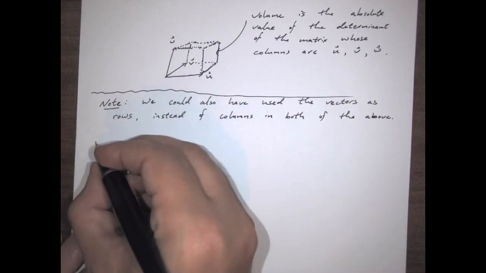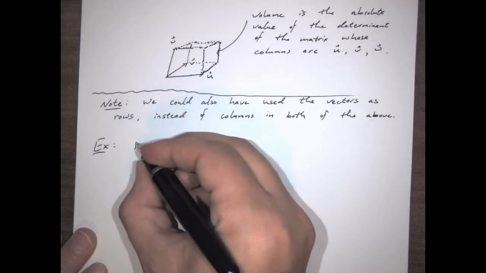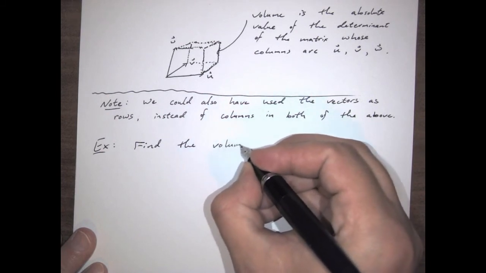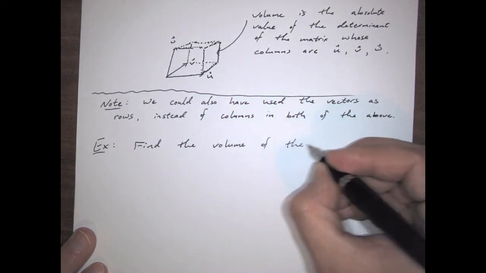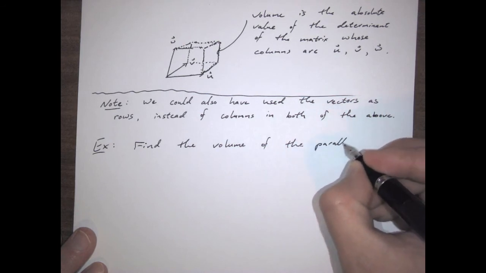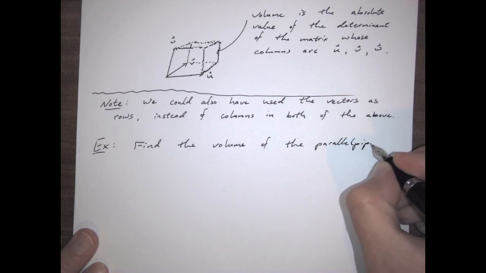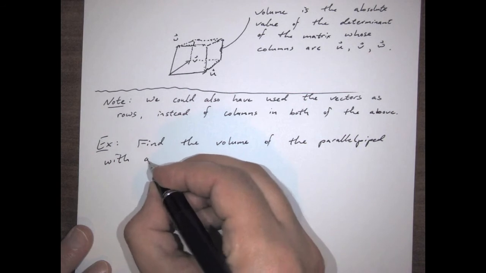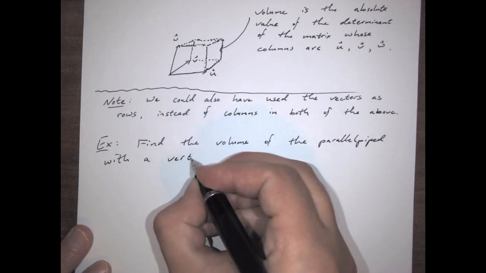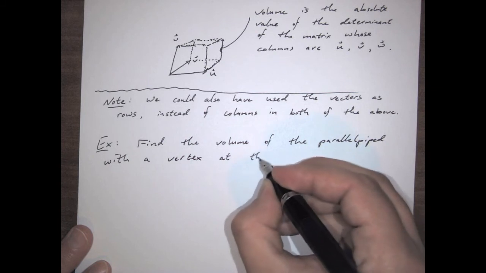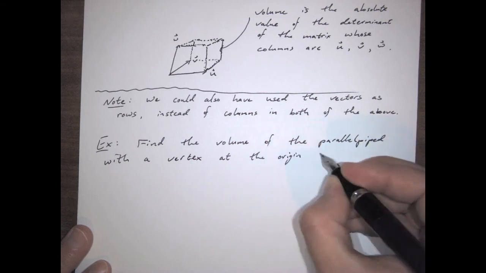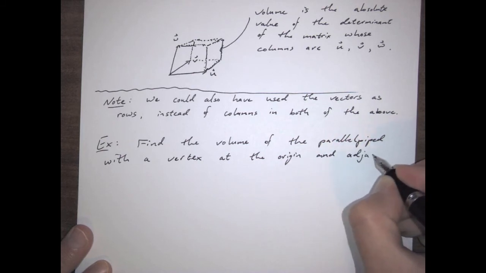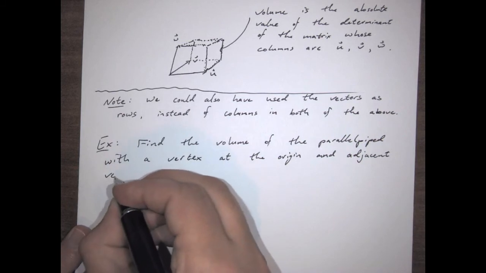So, as an example, find the volume of the parallelepiped with a vertex at the origin and adjacent vertices.